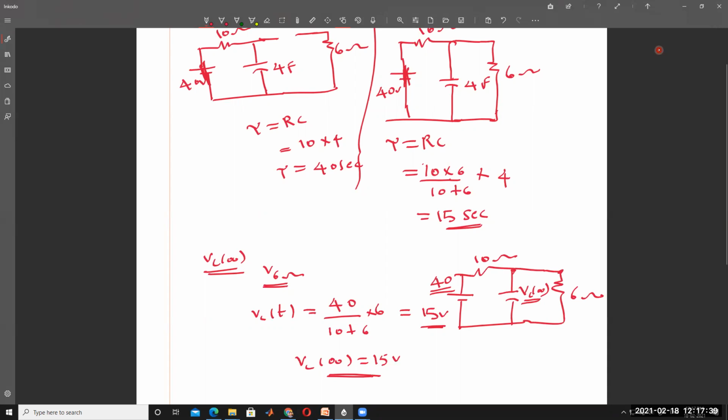The voltage across the resistor is nothing but the voltage across the capacitor, since these two are in parallel. That's why the voltage across the 6 ohm resistor is the voltage across the capacitor. Vc of infinity is 40 into 6 divided by 10 plus 6, which is equal to 15 volts. That is the voltage across the capacitor. That's it.